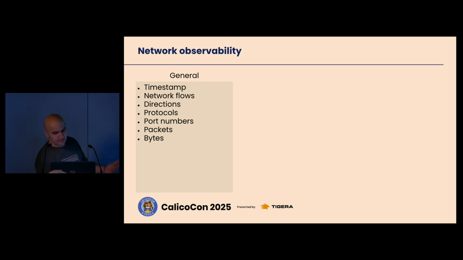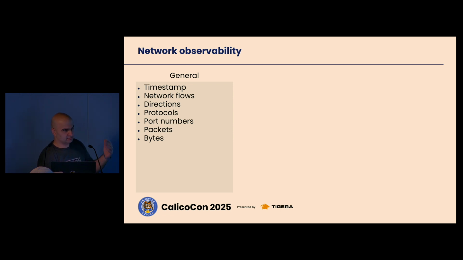So network observability is not something new. Everybody knows. And we didn't invent it. It's an old thing, but it's been around for some time. I think the first iteration was IPFIX.